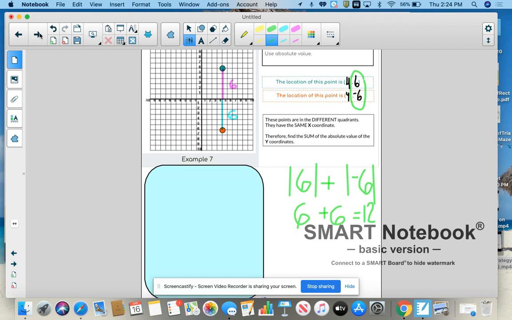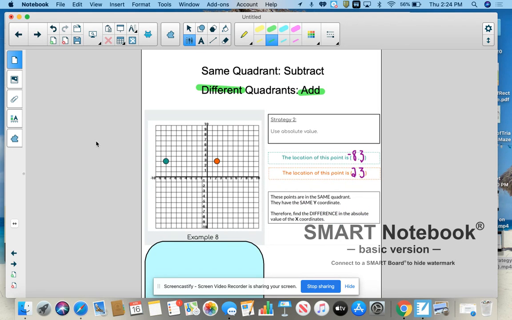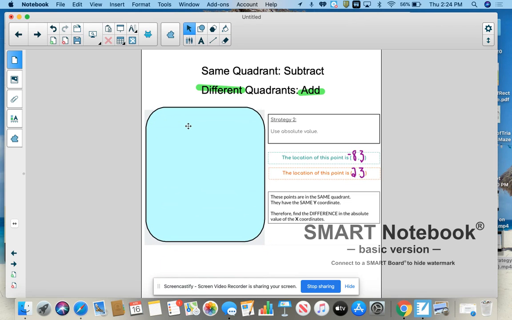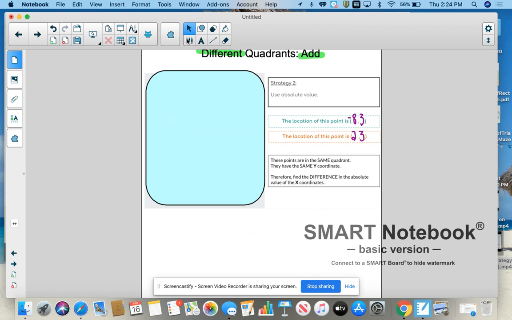Let's look at that again because I know this can be a little confusing. So again, I have 2 points sitting in different quadrants. So let's use our new strategy first, and then we'll go back to count to prove our answer is correct. So if I look at my ordered pairs, my y's are the same, so I'm not going to use them. I'm going to use my x's. One's negative and one's positive. Since they're different, I know they're in different quadrants.